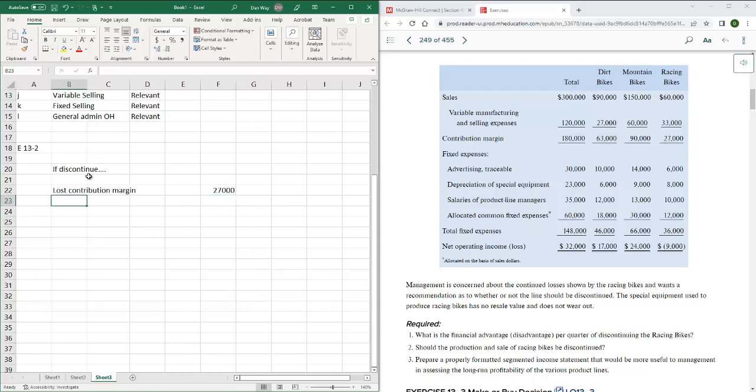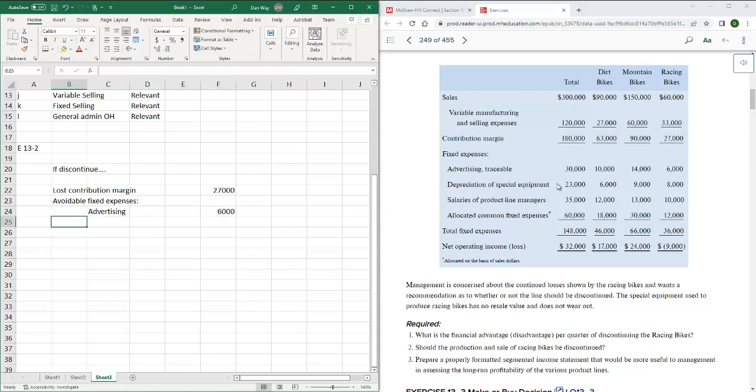Now also we would have some avoidable fixed expenses that would no longer need to be incurred. So I'm going to figure out what these are here. Avoidable fixed expenses, let's jot them down separately, one by one. Advertising says traceable. That's individual advertising for the individual product lines, so that would certainly be avoided.